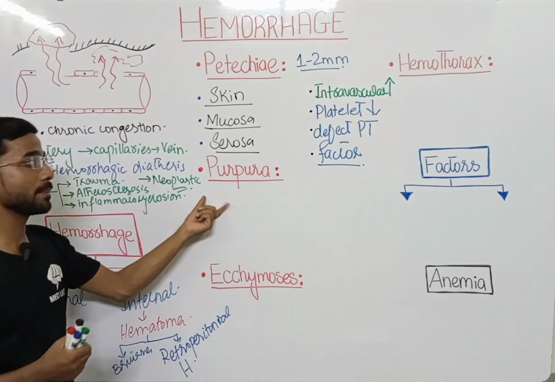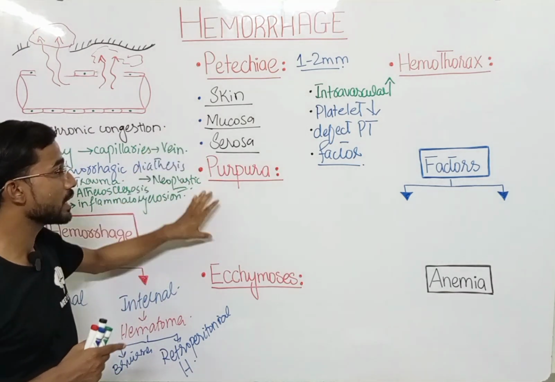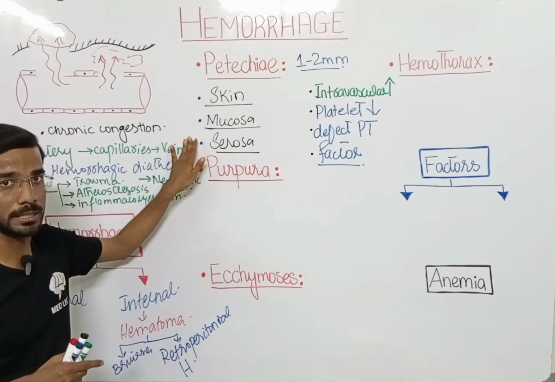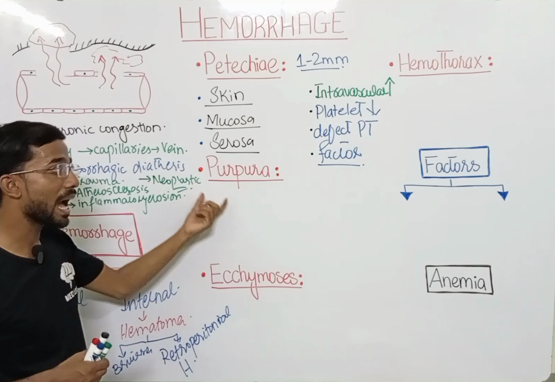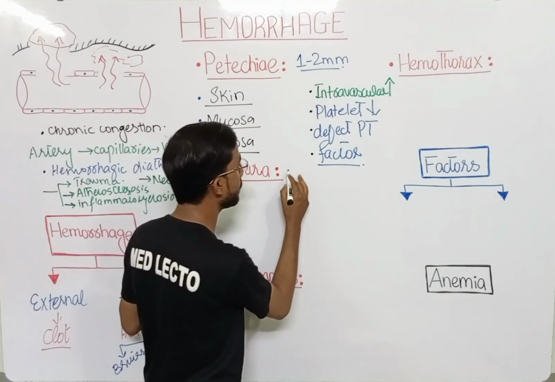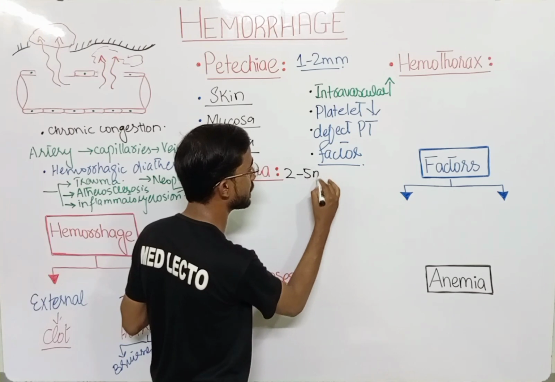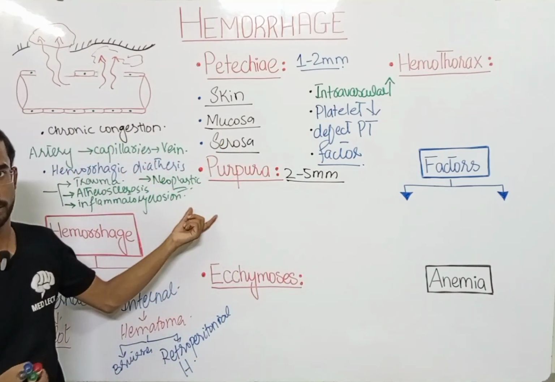Okay. Next is the purpura. Purpura will also appear on the same three surfaces, and the causes will also be the same, but the size of the appearance will be different, and that will be 2 to 5 millimeter. Okay, that is called purpura.